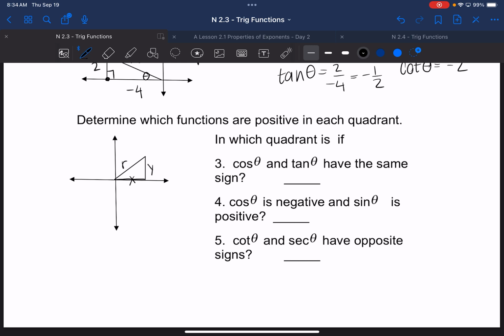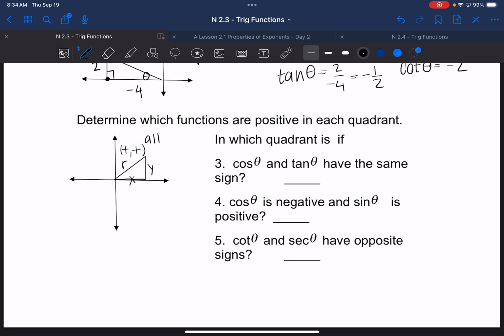In that quadrant, are the x and the y both positive? Yes, okay. So x and y are both positive, and the radius is always positive because that's distance, right? Okay, so if all three things are positive, which ratios are going to be positive here? All of them, right. Okay, so here, all of them are positive.